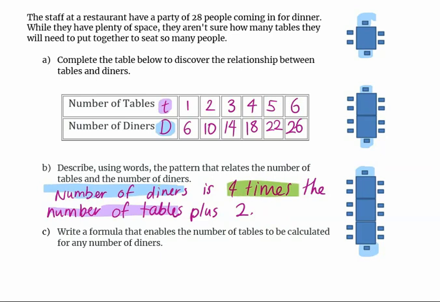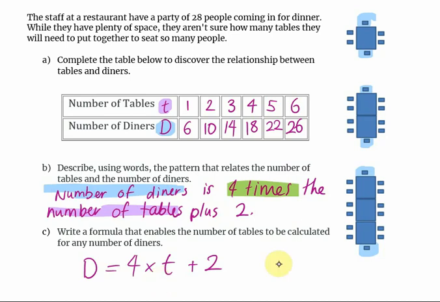So if we write this algebraically, the number of diners, D, is equal to 4 times the number of tables, the number of tables was represented by T, but then we also have to add on those 2 more people that sit on each end, regardless of how many tables we have. We've got our formula, but to make it a little bit more concise and a little bit more algebraically correct, we need to write it without that multiplication symbol.